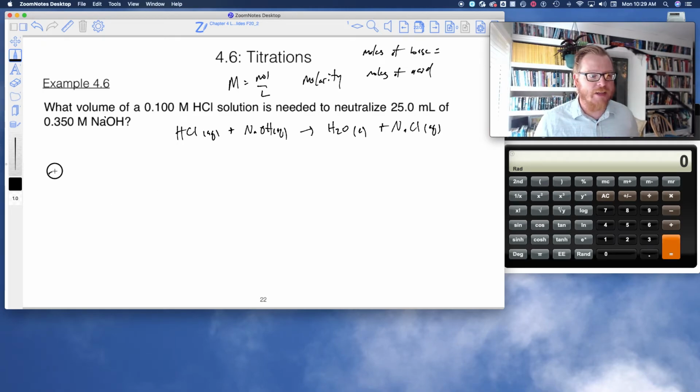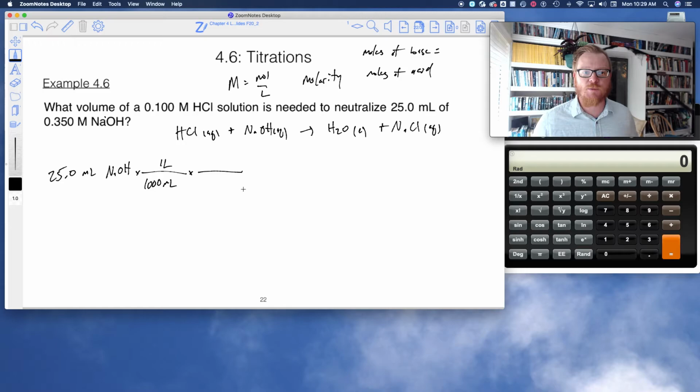Watch, check it out. I can say 25.0 milliliters of NaOH. I'm going to convert this to liters because I have the molarity thing going on. So I'm going to say 1,000 milliliters are in 1 liter. And this is how I can use this molarity. Check out how this works.